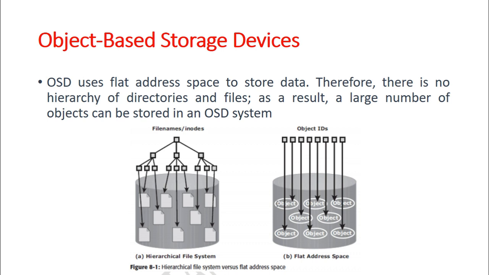It is a hierarchical structure, but object based storage devices use a flat storage system. There is no hierarchy followed, and as a result a large number of objects can be stored in this system. In these OSD systems we can store large amounts of data because there is no hierarchy, and the address space is called a flat address space.